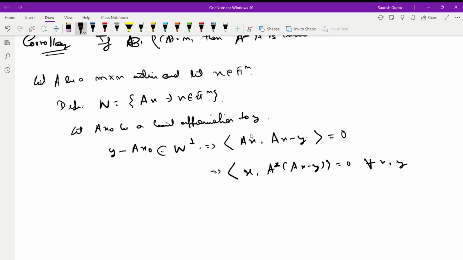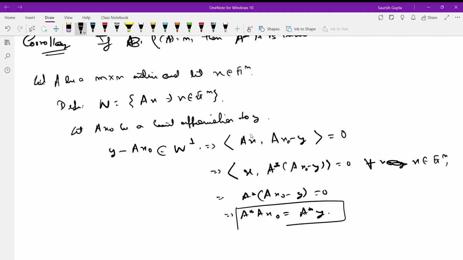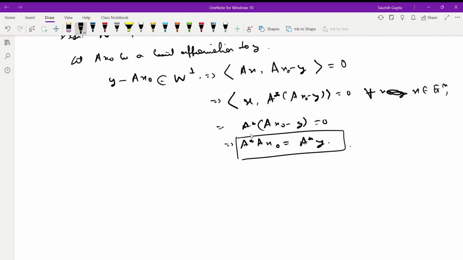But since this happens for all x in Fn, this implies, sorry, this is x naught, right? For A star Ax naught minus Y, this needs to be 0. Or in other words, A star Ax naught must equal A star Y. Now the vector Y will be in our hand if we are doing the experiment.